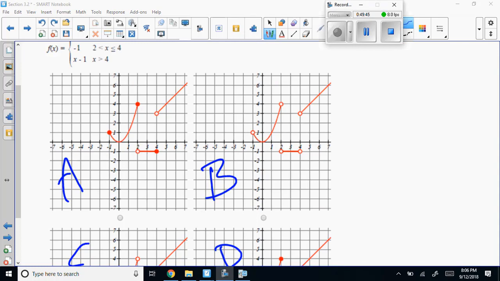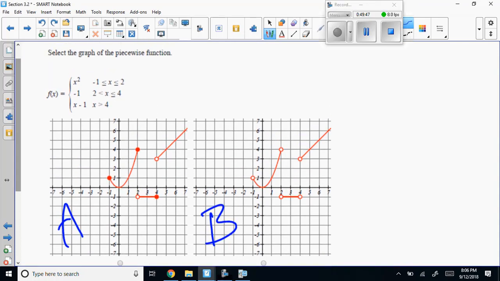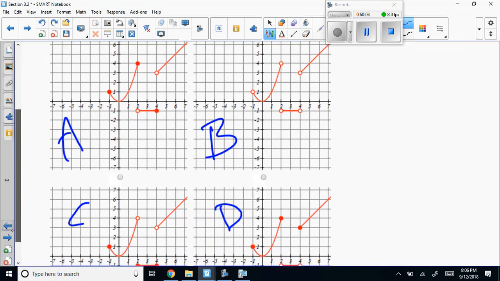Can I explain why? All right, so the domain for the first equation is between -1 and 2, right? But it has to be closed dots between -1 and 2. -1 has to have a closed dot, 2 has to have a closed dot, right? So A has it, B has open dots, and C has a closed dot but an open dot on 2. But D has 2 closed dots.